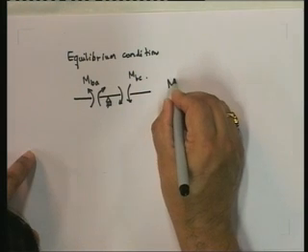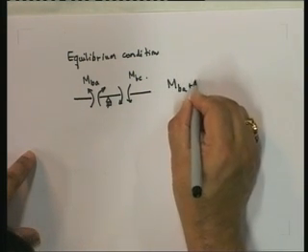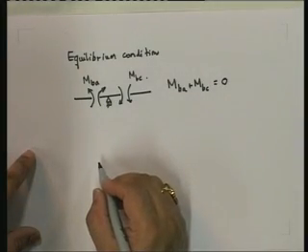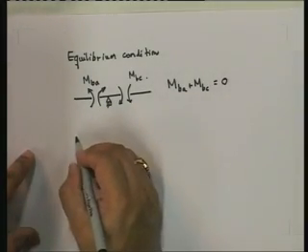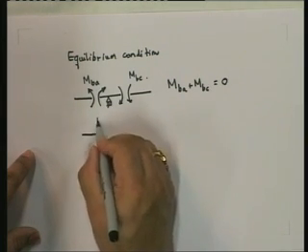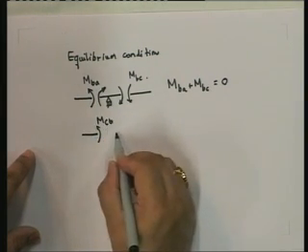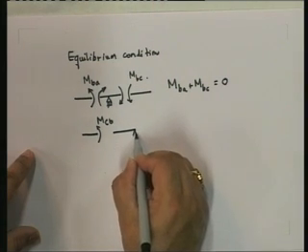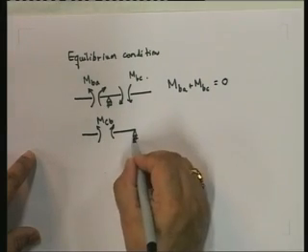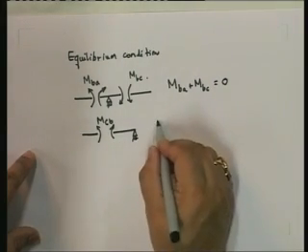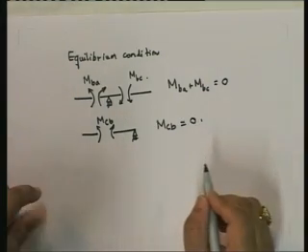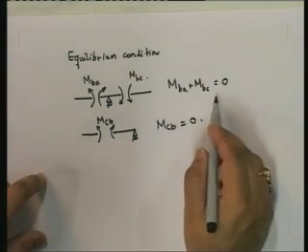I get MBA plus MBC is equal to 0. Similarly, if I look at joint C, this is MCB, and since the moment is 0, MCB is equal to 0. These are my two equilibrium equations.